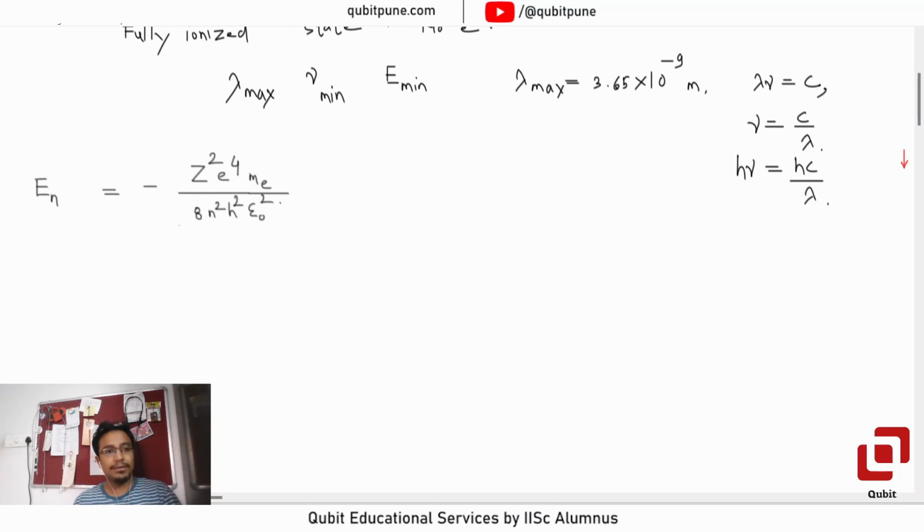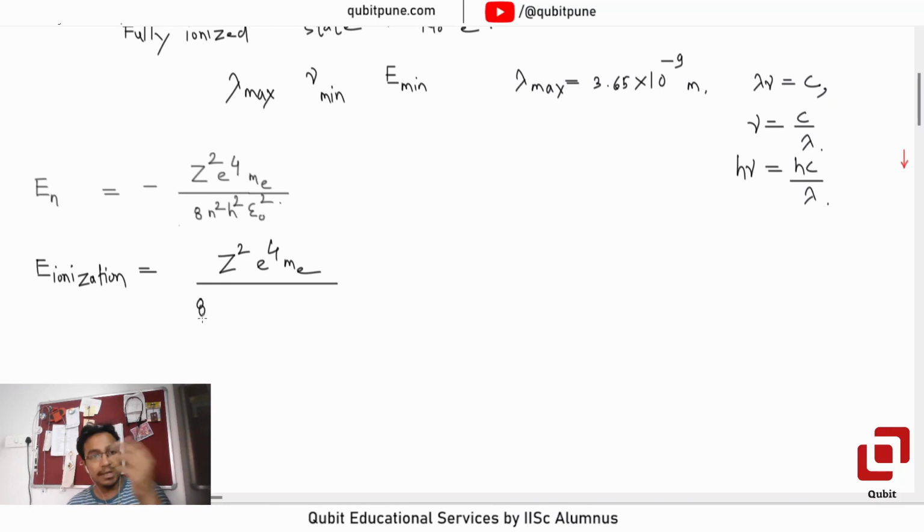Now what will be the ionization energy? Say, E ionization. It would be positive of this, right? This is the energy that the electron possesses in its ground state. So it will be Z squared e raised to 4 me upon 8.